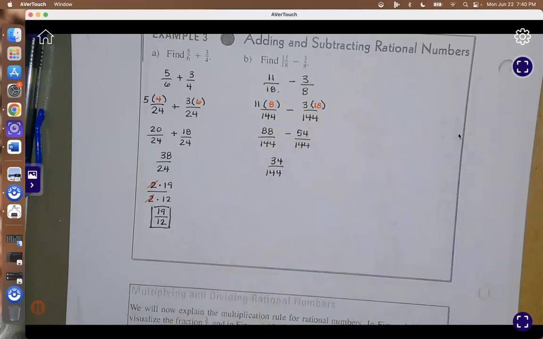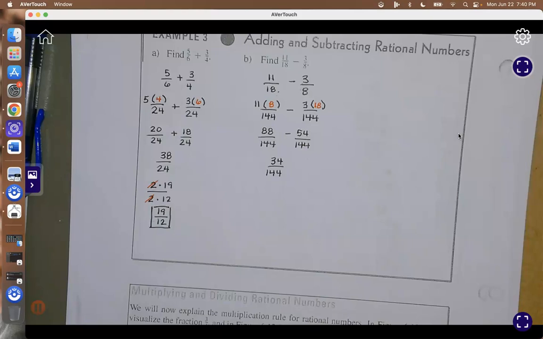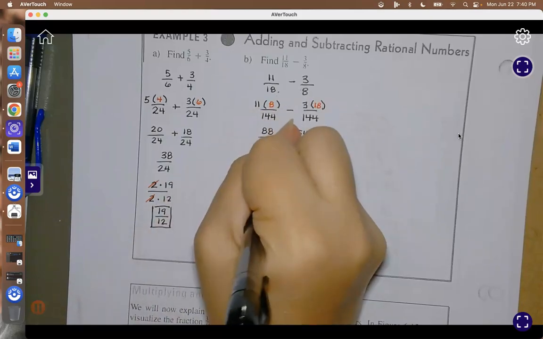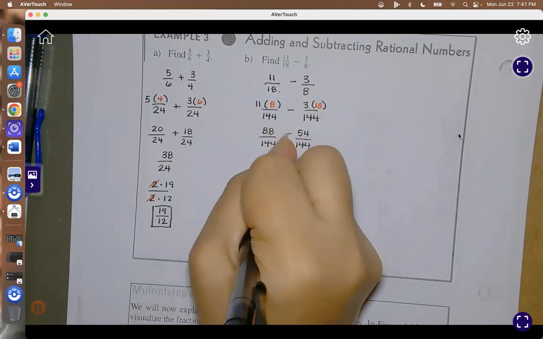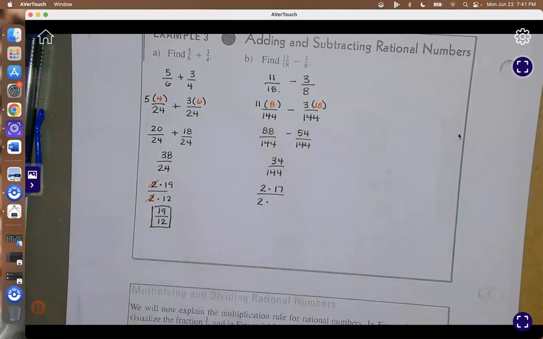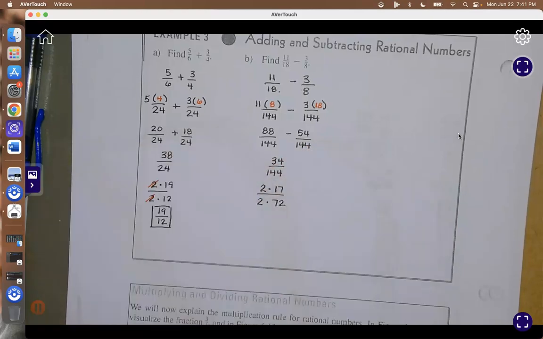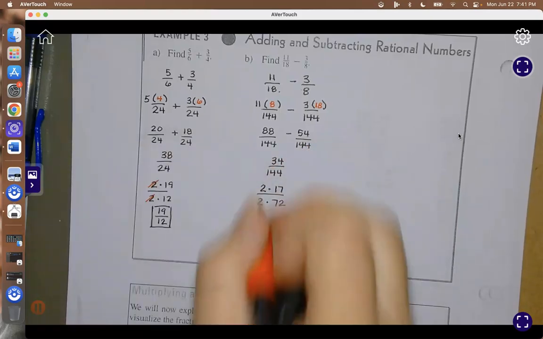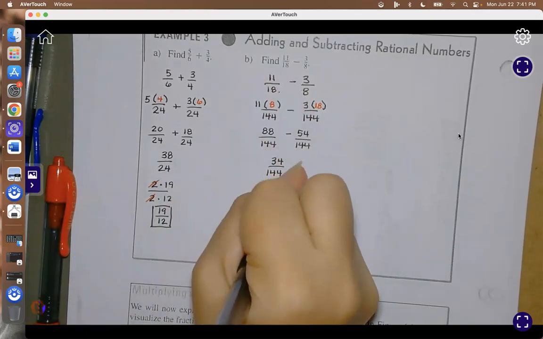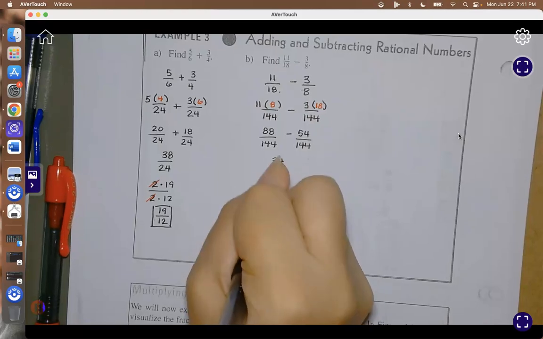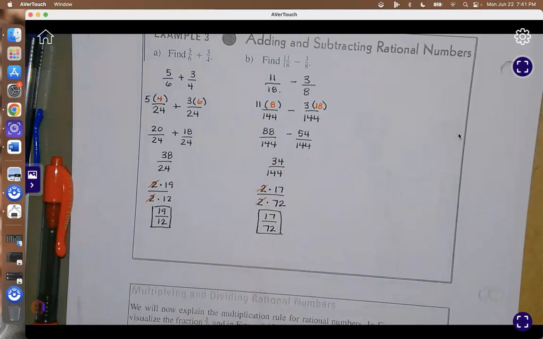Okay, 2 will go into both of these. 2 times 17 and 2 times 72. Okay, so those go away, and this gives you 17 over 72. And 17's prime, and 17 will not go into 72. And there we go.